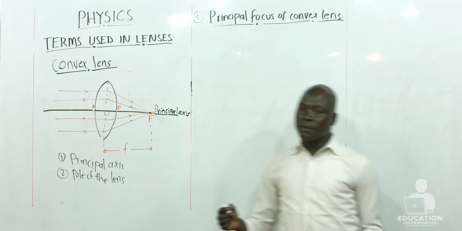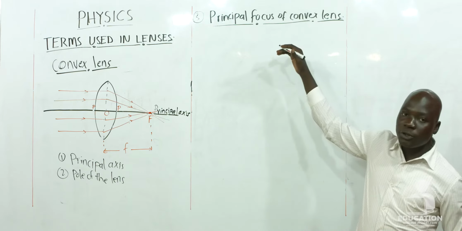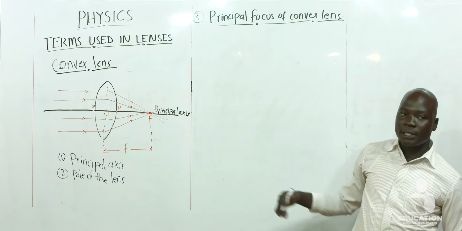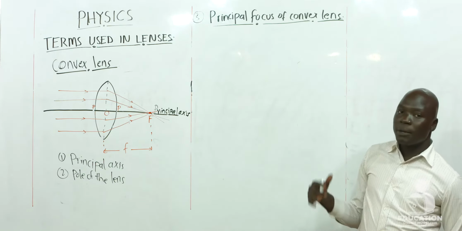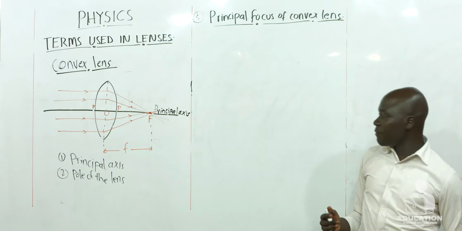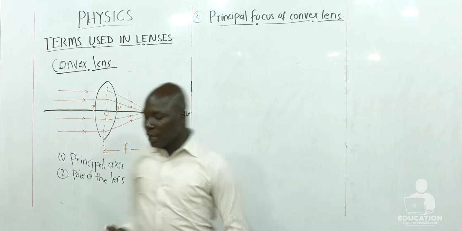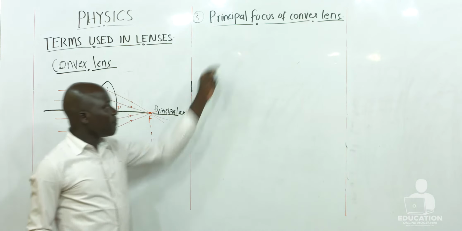We are saying it is of a convex lens because there's going to be a difference between the principal focus of a convex lens and the principal focus of a concave lens.